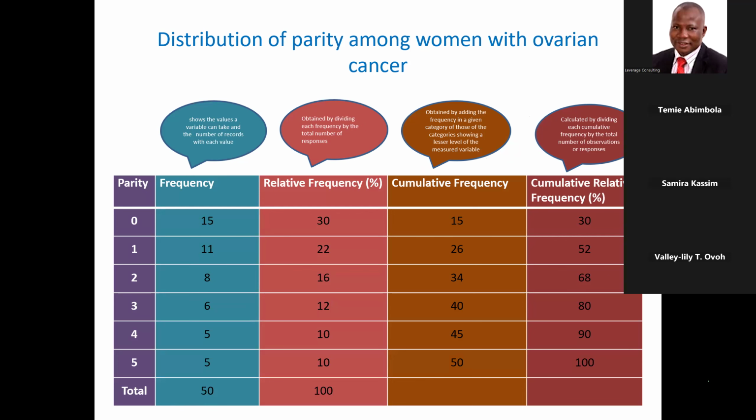with ovarian cancer. This is the distribution of their parity. Just forget about ovarian cancer, let's just talk about women. Parity, for those who are non-medical people or health people. It will be easy for doctors and nurses to understand parity more than any other person because they are used to it. The meaning of parity is the number of times a woman carries a pregnancy to term.